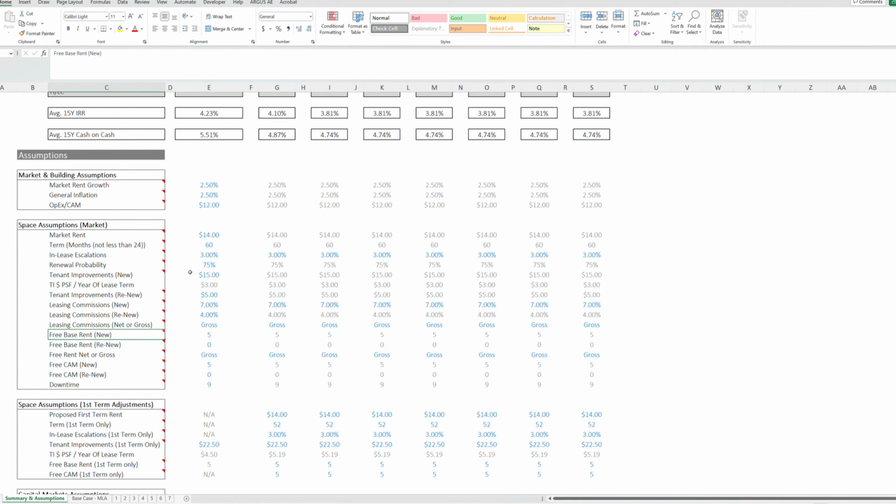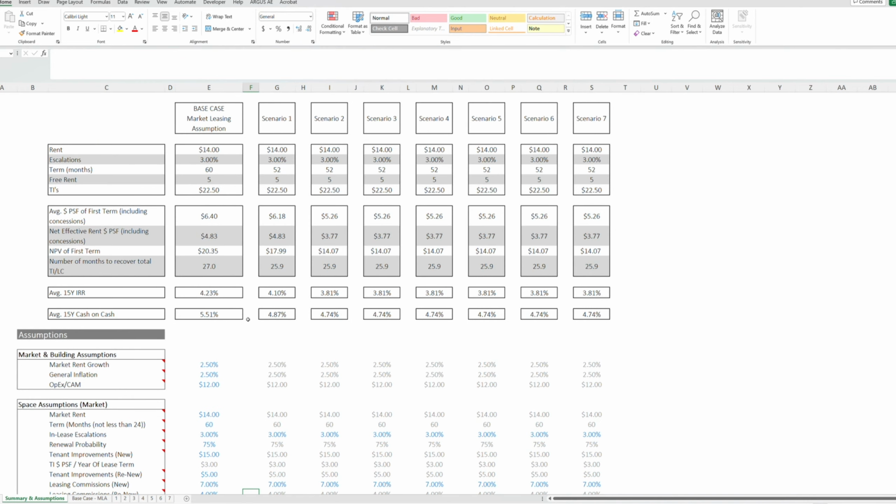Which one's better? Then what about the term? Let's say that the TIs are the same, but lease A is at $14 a square foot for a 5-year term, and lease B is only $13 a square foot, but it's for an 8-year term. How do you compare those two?